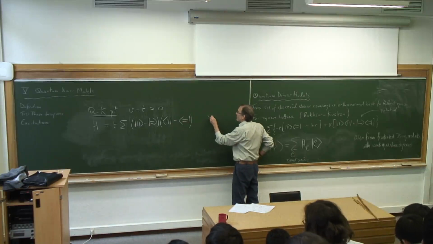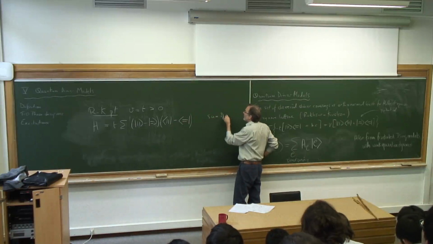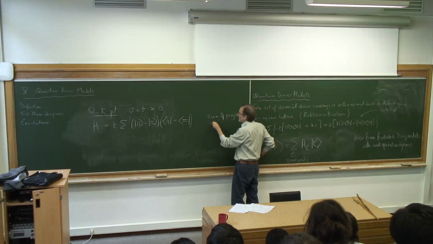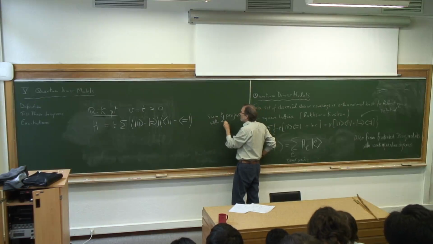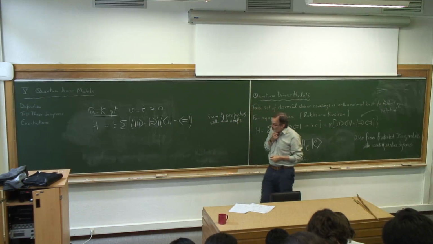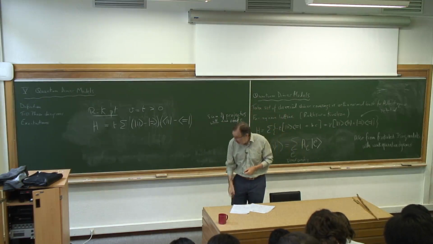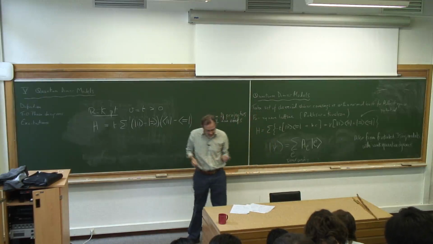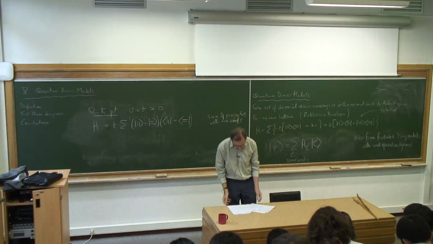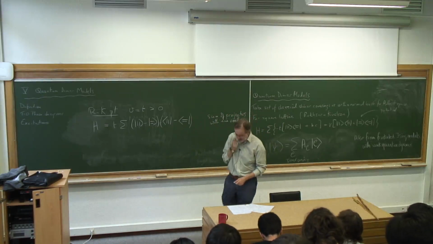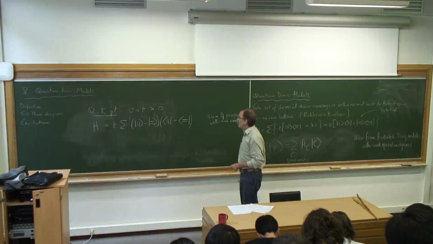So the Hamiltonian is a sum of projectors with positive coefficients. So if we can find a state with eigenvalue 0, then that must be a ground state, because the eigenvalues of this Hamiltonian are non-negative.